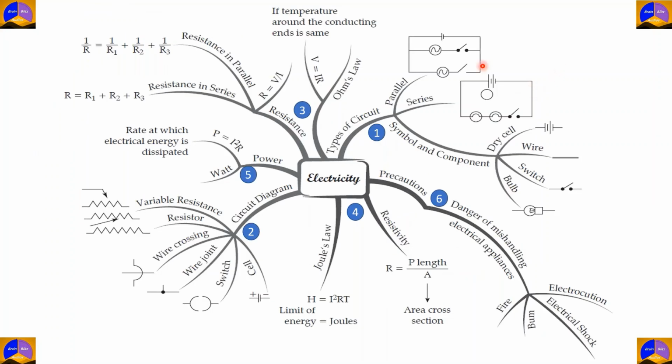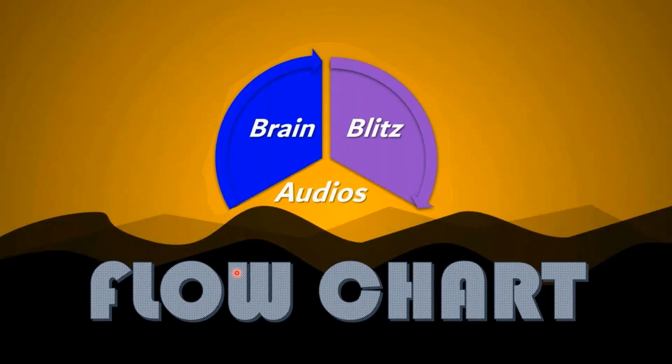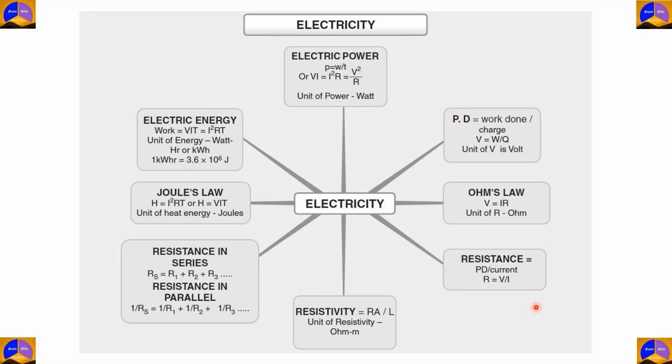And that's all you need to learn from the mind map of this chapter. Let's move on to another efficient way of last-minute revision, which is the flowchart. PD in this flowchart refers to the potential difference. Its formula is work done divided by charge, and it is measured in volts.